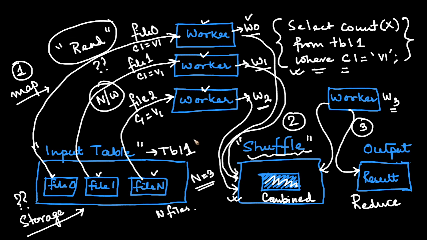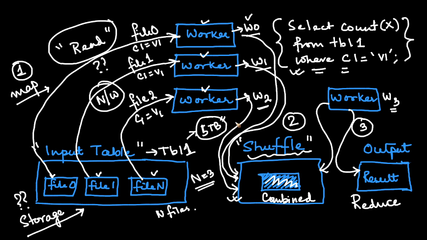For example, if TBL1 is a table that is 1 or let's say 5 terabytes of data, and I'm going to run a select count star on that table, how effective will BigQuery be? We are going to discuss all of those in the coming videos. But as of now, the summary is this: we have a map stage, we have a shuffle or a combine stage, and then we have a reduce stage.